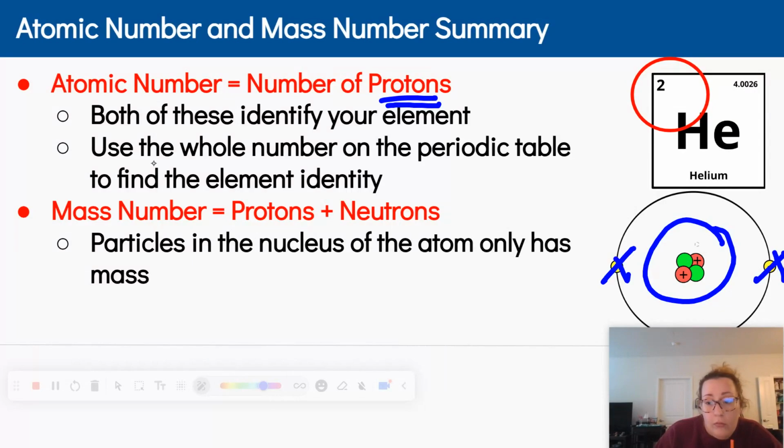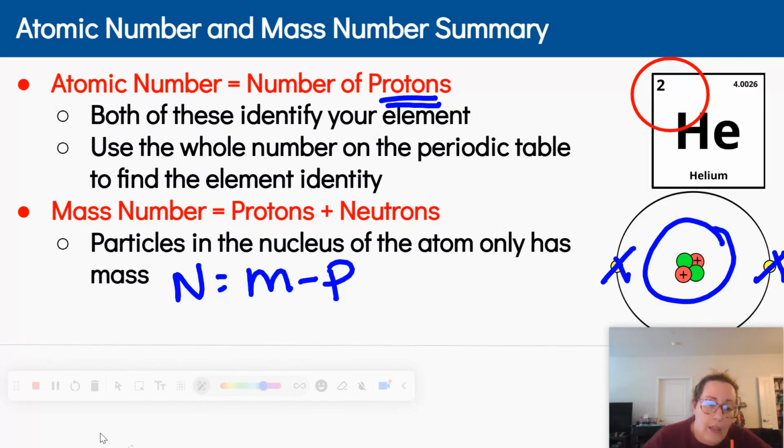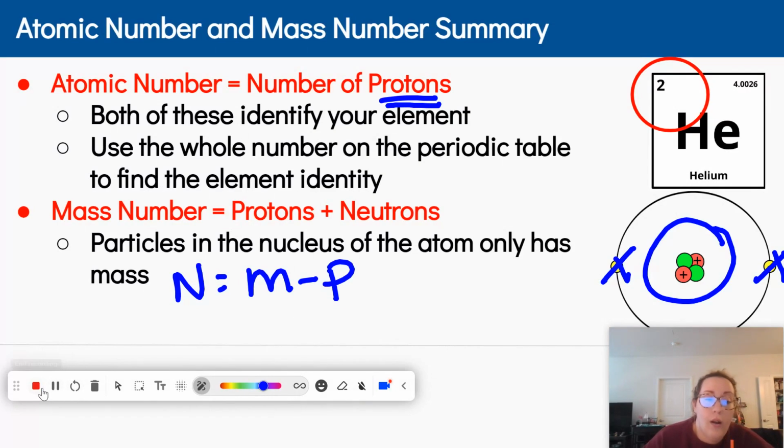So you're either going to count all of those up, or you're going to follow the equation of protons plus neutrons to get your mass number. And then if you're solving for neutrons, it's going to be mass minus protons. So make sure all your guided notes are complete, and then you can go on to the next activity.